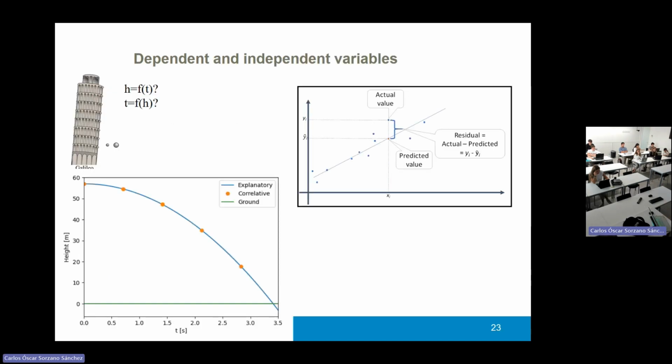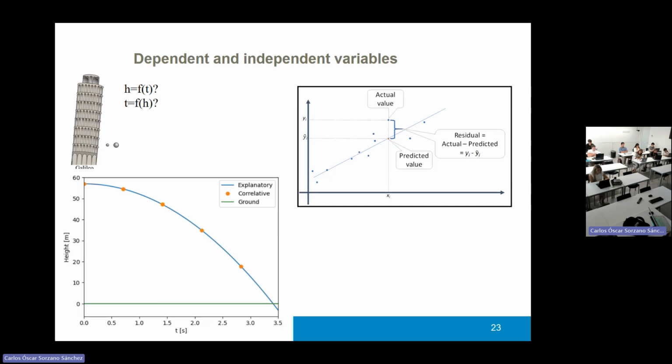So here is the same Pisa tower problem. We have a collection of measurements of the height of the balls at different times.